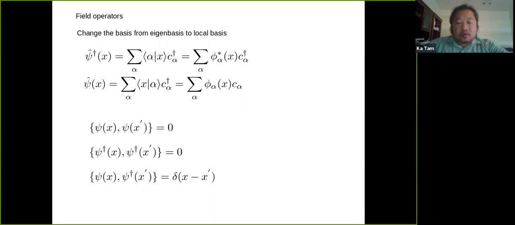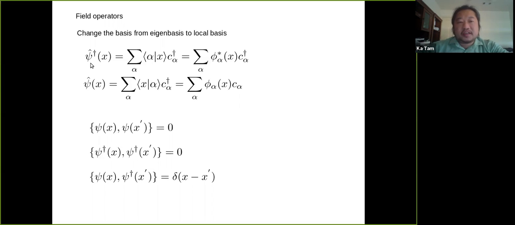Okay, so we have written down the Hamiltonian in second quantized form. The next step, we try to write the Hamiltonian in the continuum basis. Remember that on the last page, we expanded the Hamiltonian in terms of the eigenfunctions of the single particle basis. We can change the basis to the local basis. And then after that, we will promote the operators in the local basis to the continuum and they become field operators. Essentially, we just expand the local field operator.